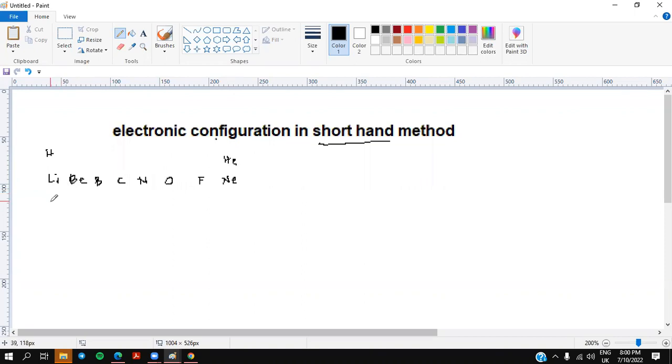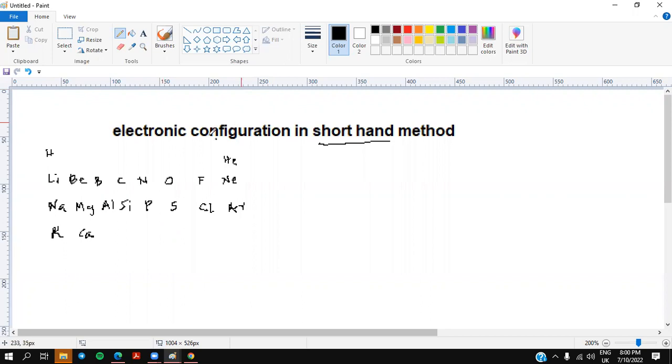I'll complete the third period as well. Sodium, magnesium, aluminium, silicon, phosphorus, sulfur, chlorine, argon, potassium, calcium. Right.